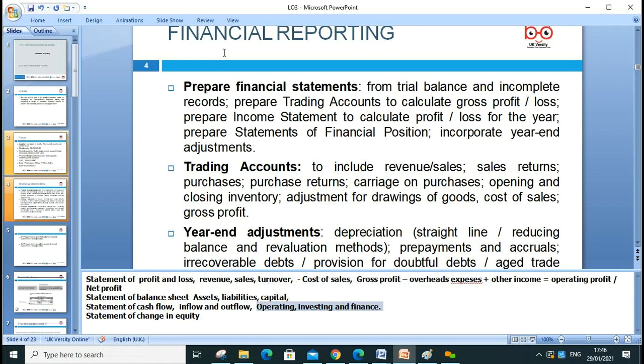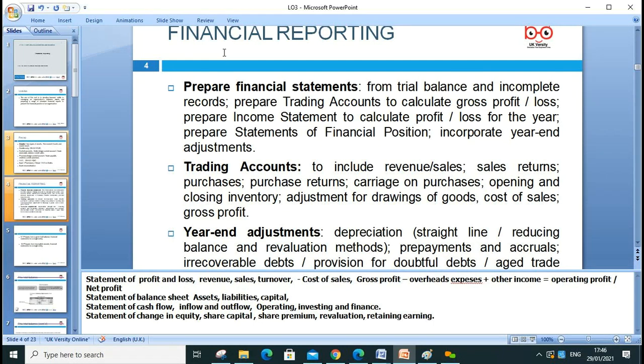And this is the equity statement: how much dividend we paid, how much share capital, share premium, revaluation, retained earnings. So these sorts of things we have already mentioned a bit to you.